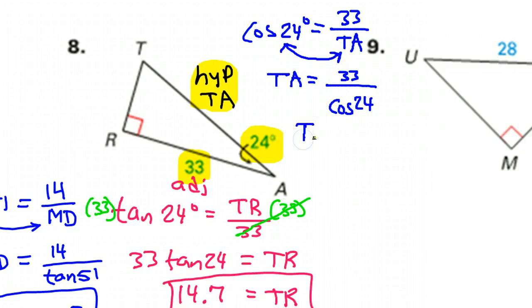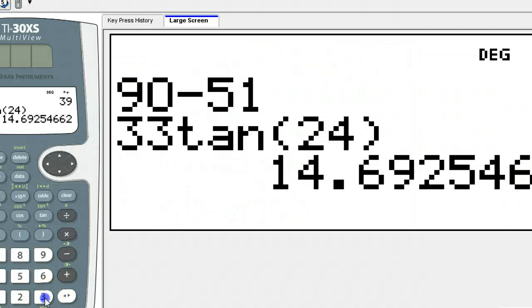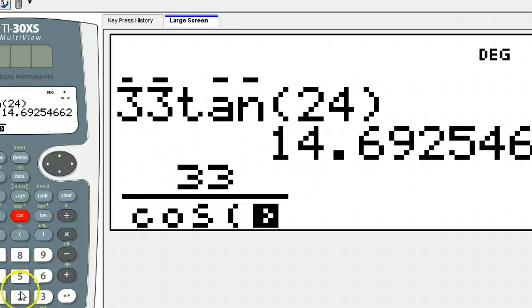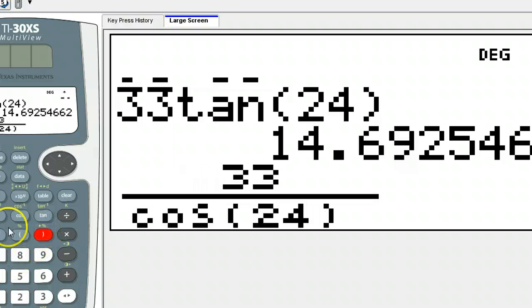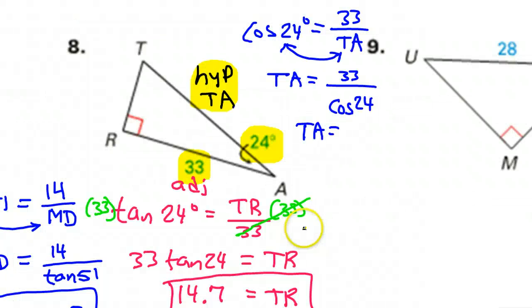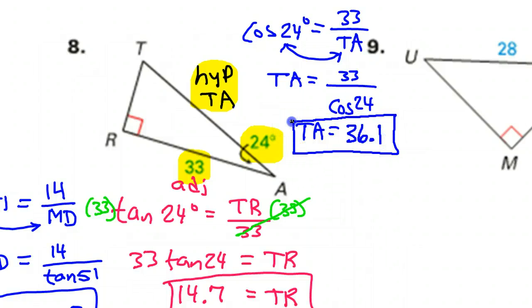So this will enable me to find TA. So that's 36.1.